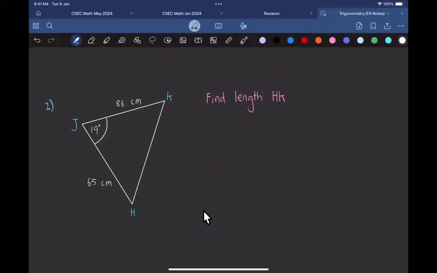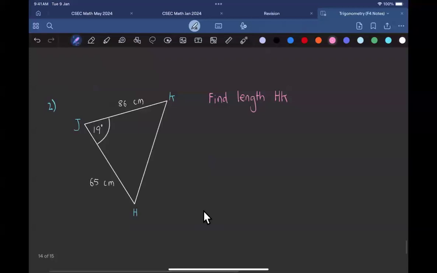Why do we ever use the cosine rule? Because it's not included. The included angle. What is the included angle in this question? 19 degrees.